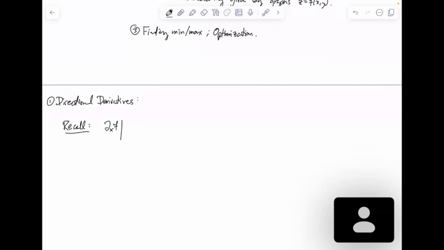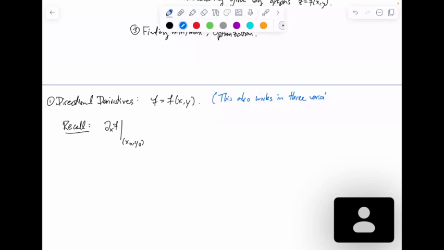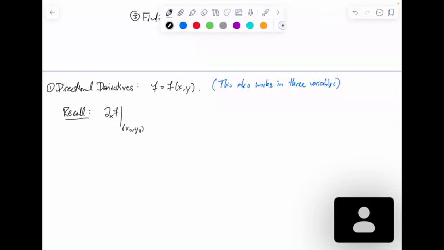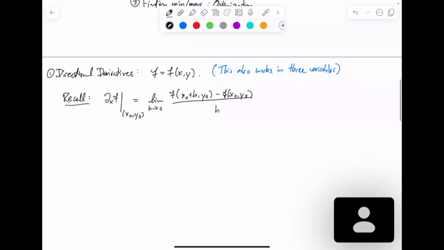Partial x of f at a point x naught, y naught, let's say we're looking at two-variable functions here, but directional derivatives also work in three variables or more. This is defined to be the limit as h goes to 0 of f of x naught plus h, y naught, minus f of x naught, y naught, all over h.